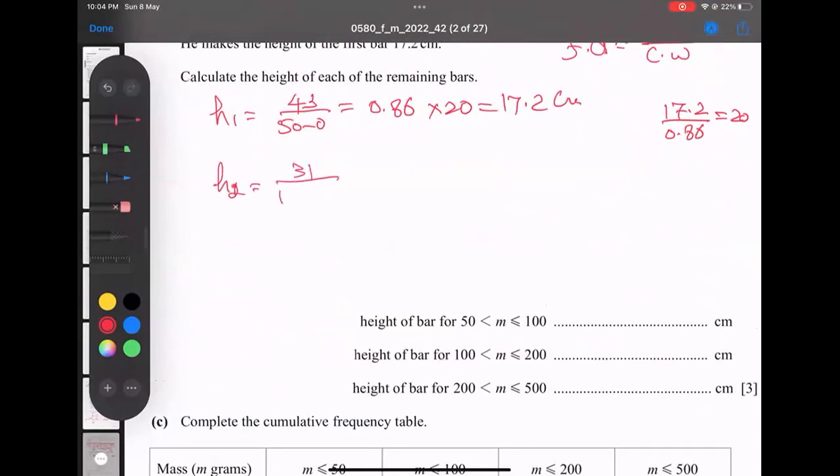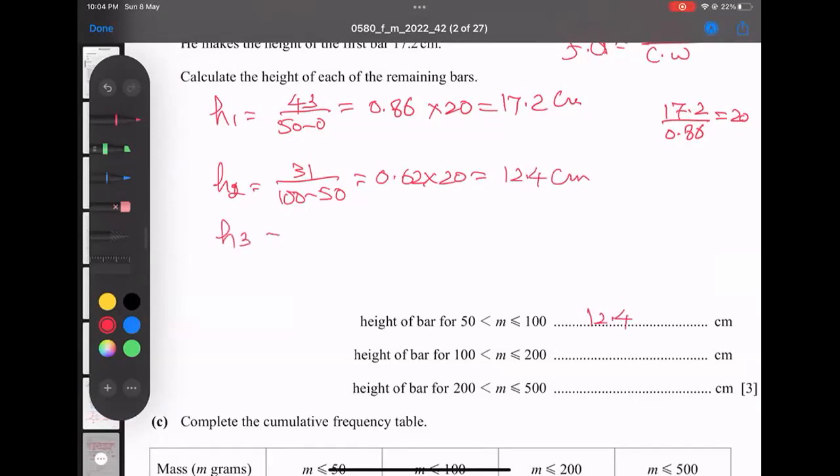Let me check. 31 divided by 50, and my answer is 0.62. But again, you have to multiply by 20 because we got a fixed criteria, 12.4 centimeters. So Alhamdulillah, I'm getting 12.4.